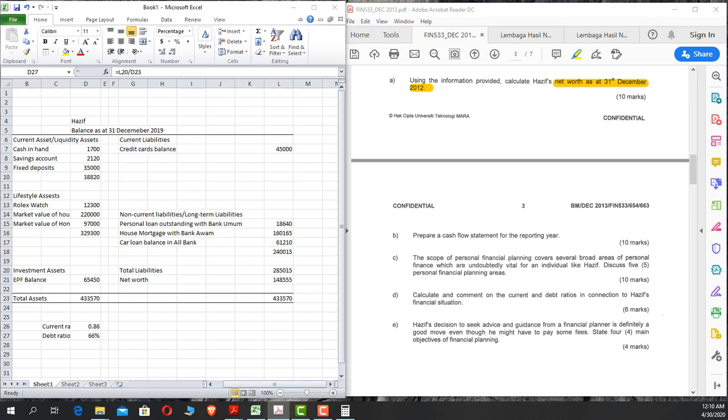Kalau awak tengok mana-mana different, awak just boleh state based on your opinion ataupun just based on your comment. Okay, for the debt ratio, tengok kat situ ialah so the debt ratio for Hazif family is 66%.